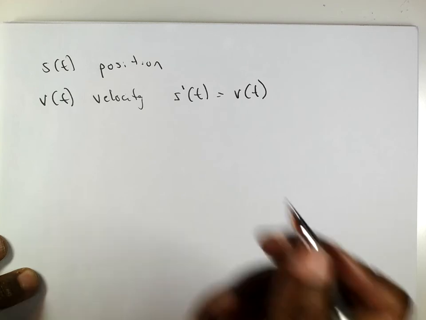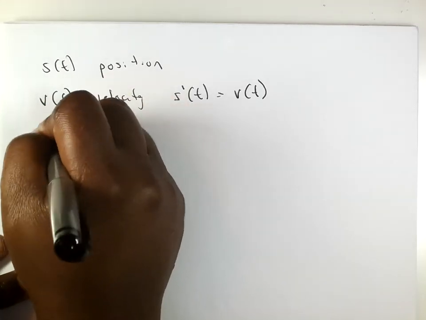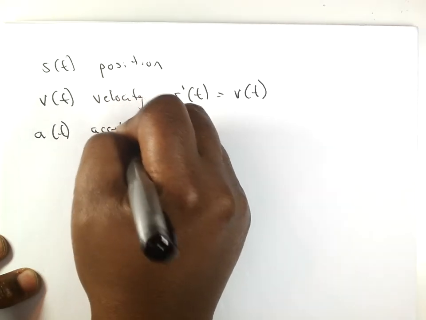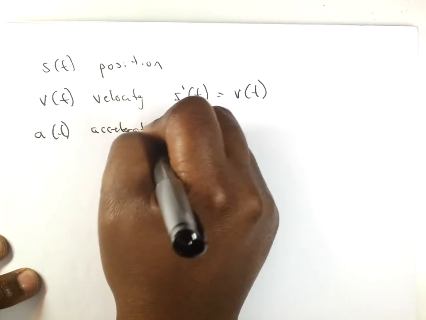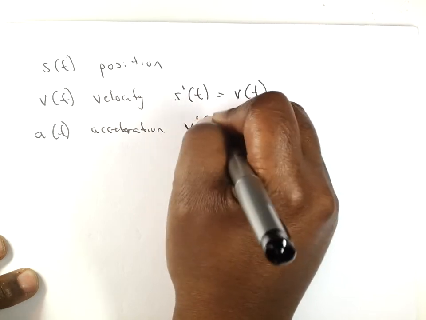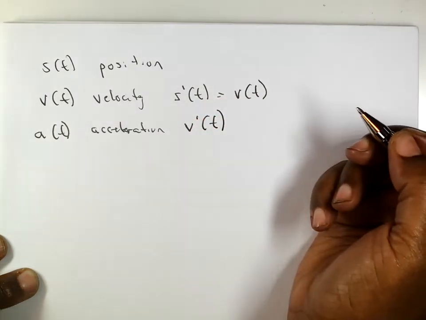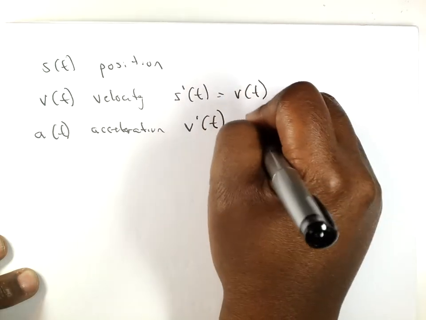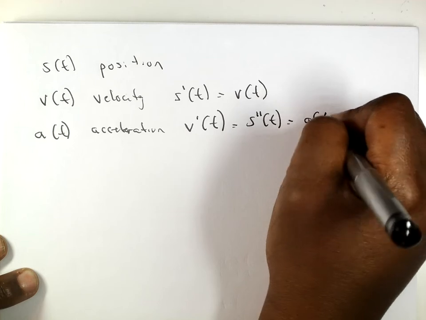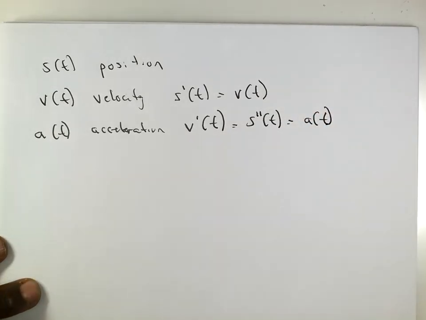I also want to know how things are accelerating. So my last function is acceleration. I can take the derivative of the velocity function, which is just the second derivative of the position function, and that gives me the acceleration function.